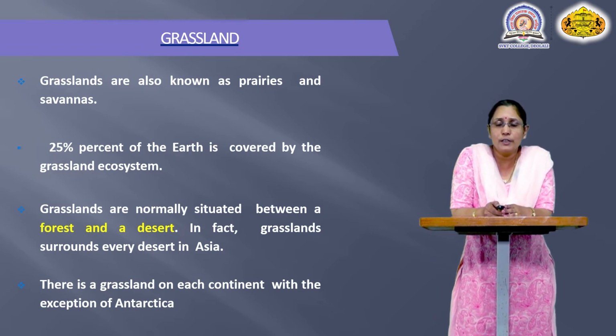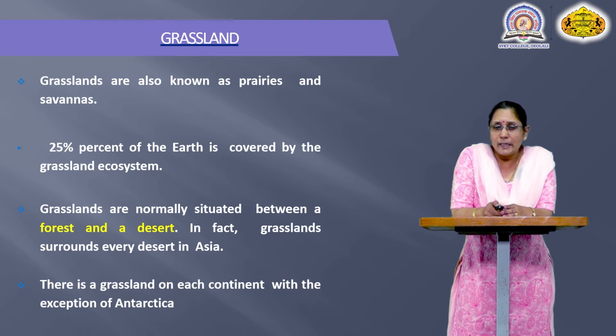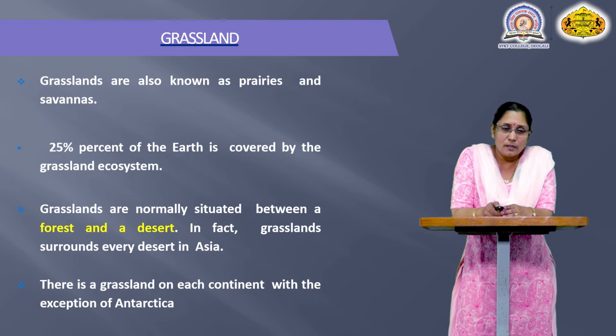If you make a survey of the Asian deserts, you can observe or locate this availability of grassland. There is a grassland on each continent, with the exception of Antarctica.